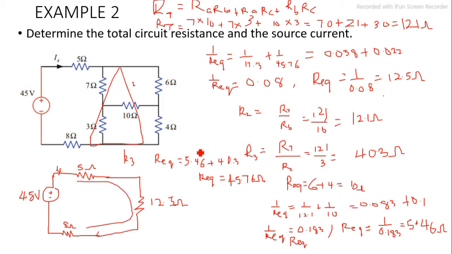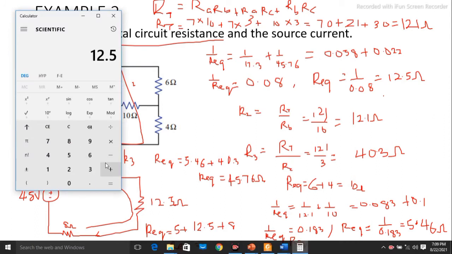That means the total resistance of the circuit, the R equivalent, will be this plus this plus this. That's 5 plus 12.5 plus 8. That's 25.5.